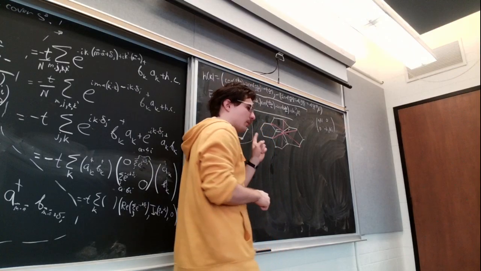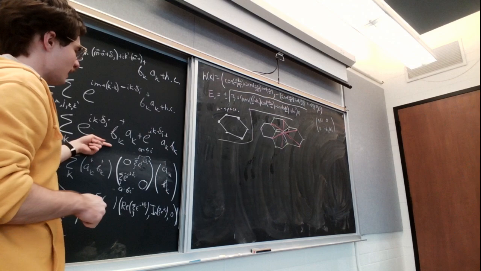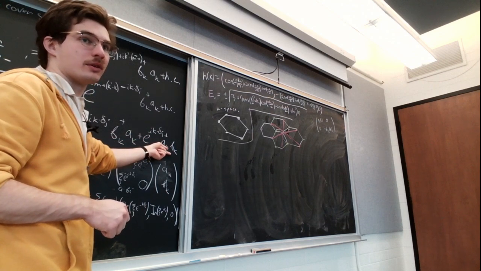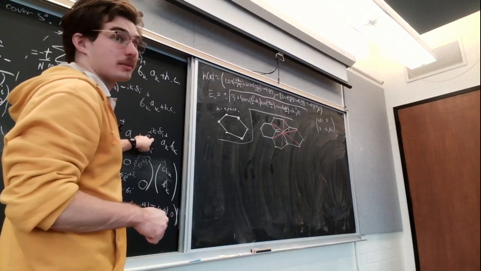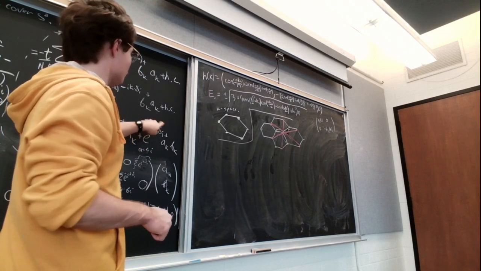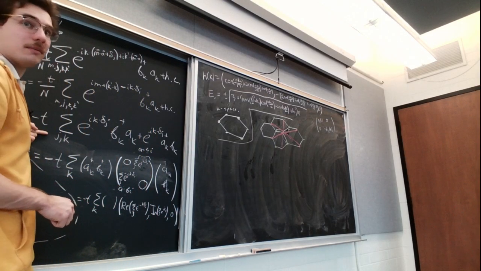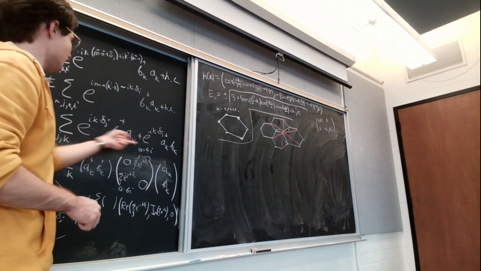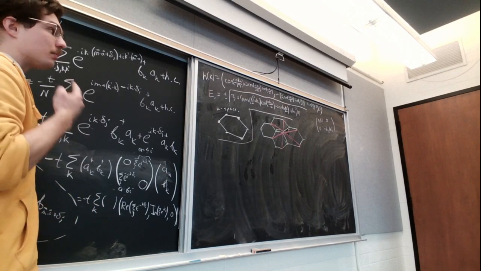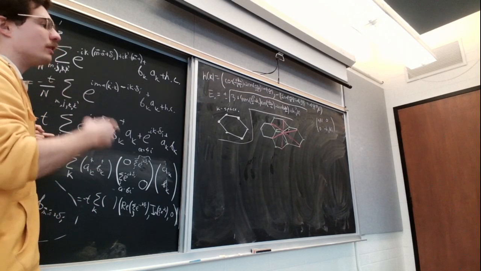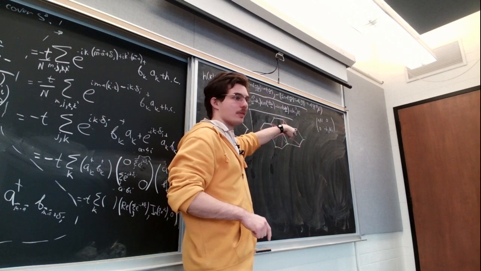Well. Remember that when I wrote down this term, I had a Hermitian conjugate. Do you agree? Which was the complex conjugate of whatever this number was. But whatever this number was, this really includes the minus t. Right? Before I didn't write the complex conjugate because t was necessarily a real number. Okay? Suppose we took t to be a purely imaginary number for these hoppings. Do you agree?